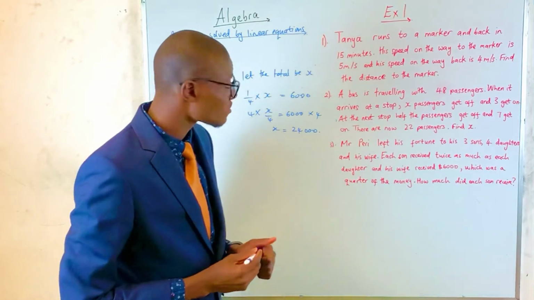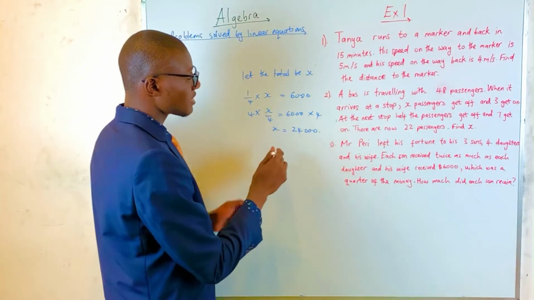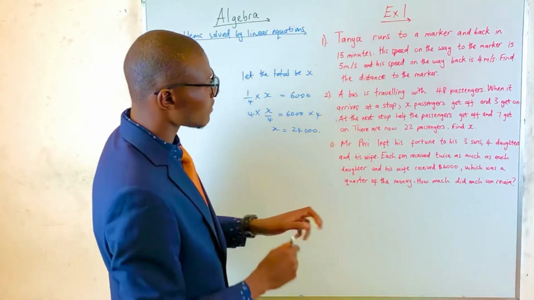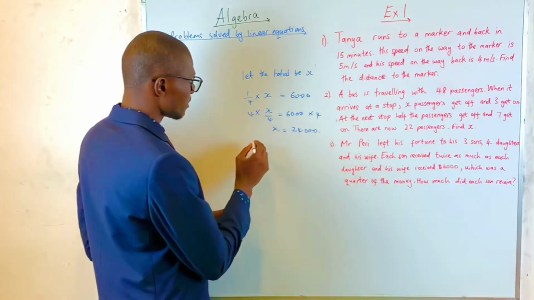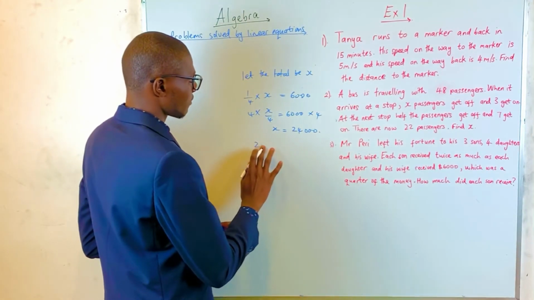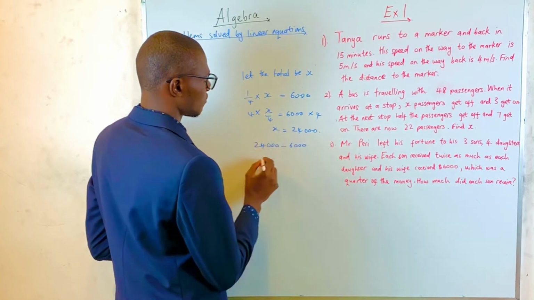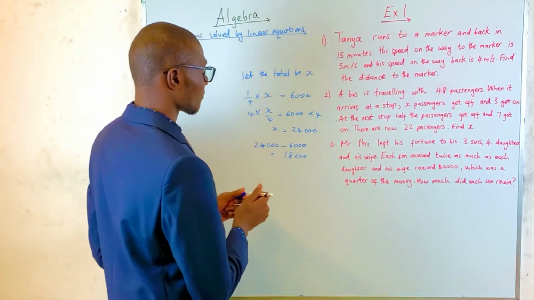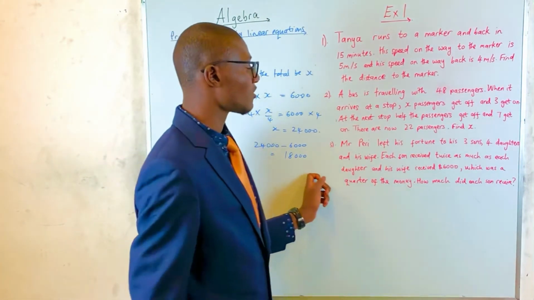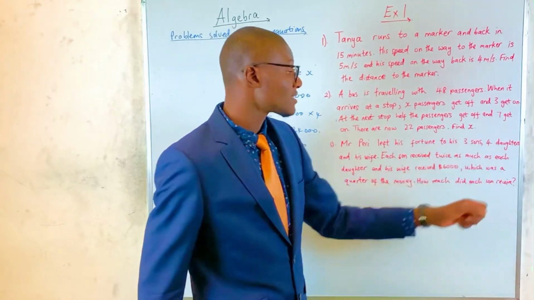So 24,000 was the total amount that was left behind. So if we get the total amount that was left for the sons and the daughters, we're simply saying 24,000 minus 6,000, which the wife got, and you get $18,000, right? So this was the amount of money that was shared amongst the sons and the daughters.